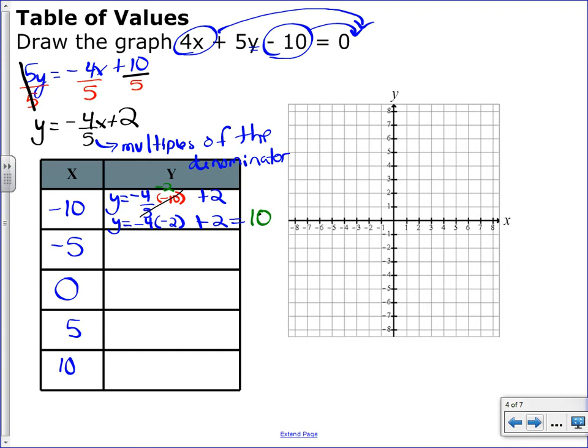So Jess, what am I going to write for my second one here? Good. So I'm going to cancel out. Eric, what do I do here? I'm going to cancel out this negative 5 and 5, or reduce it. So negative 5 divided by 5 leaves me with what?